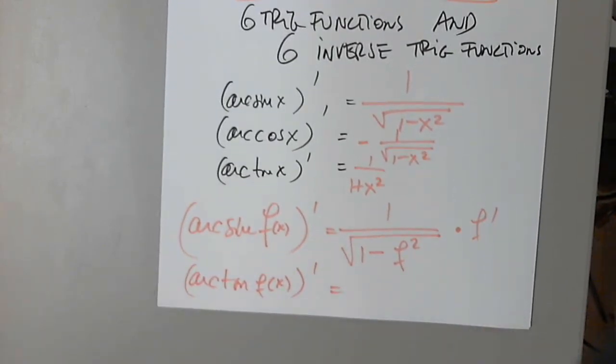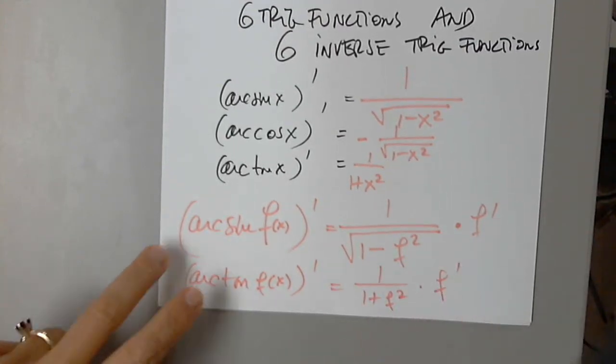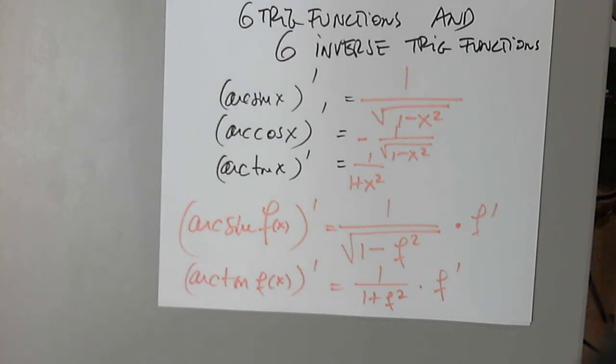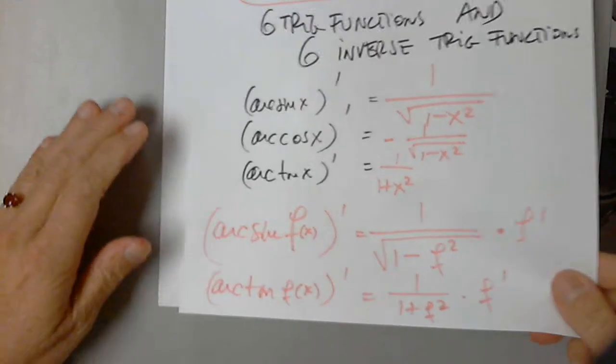What will that be? That's it. Always remember, for anything other than plain x, you have to multiply by the function prime. Okay, let's apply this to a couple of examples. See how this works.